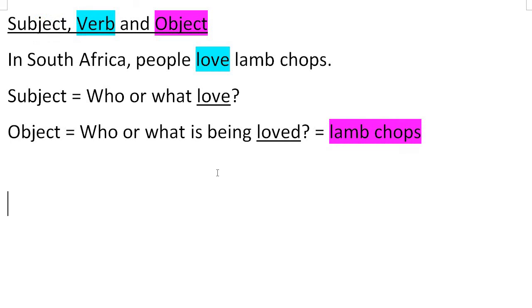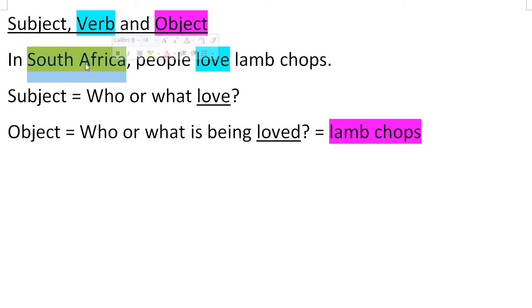But the subject gets a bit more complicated. In South Africa, people love lamb chops. If you think to yourself, oh, the first noun in the sentence will be my subject, then let's try that. South Africa love lamb chops. That doesn't even make grammatical sense, right?